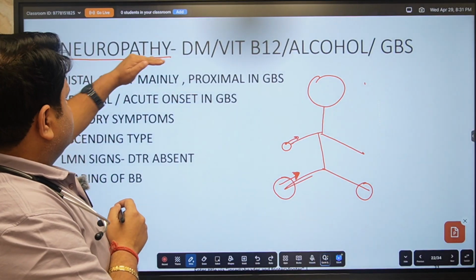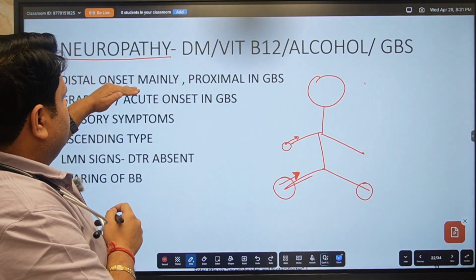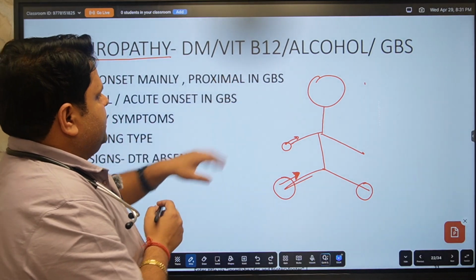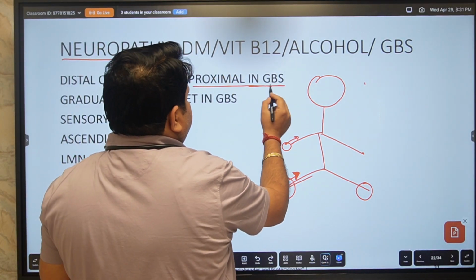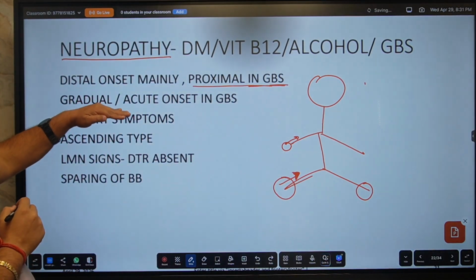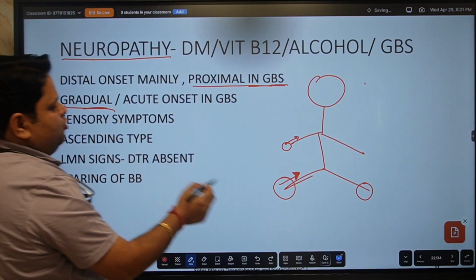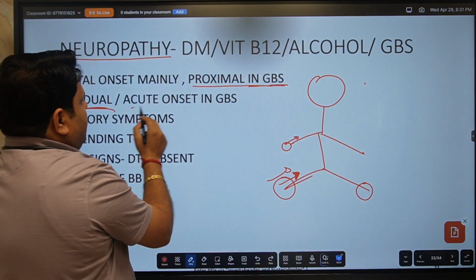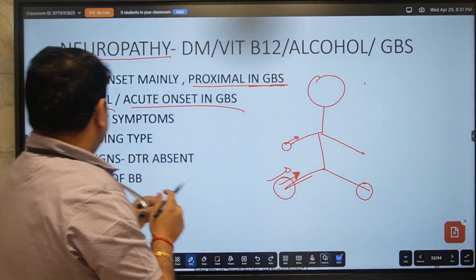So classically neuropathy starts distally on onset and then progresses proximally. But in GBS, proximal weakness is also there at the onset. Usually gradual onset is there. Neuropathy usually progresses gradually, either diabetic, vitamin B12, alcohol. But acute onset in the GBS.